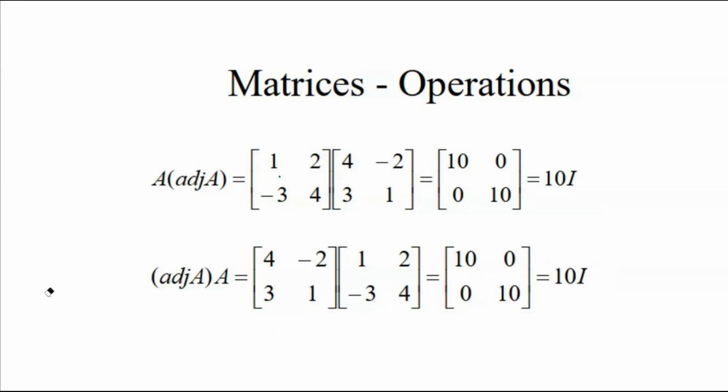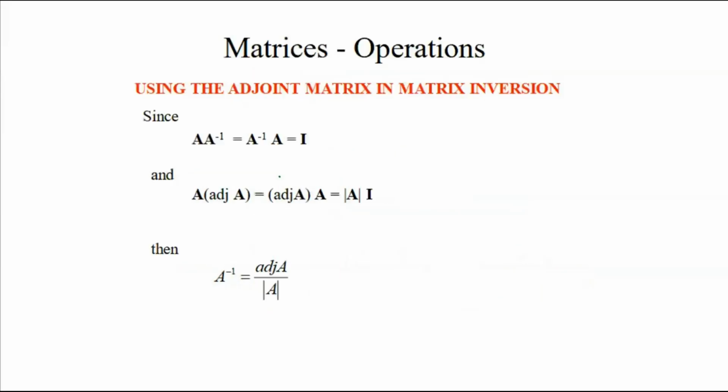That's a good exercise to try: when you take the matrix and its adjoint, see if you get that determinant in front of you. I think I have to try it out, prove it to myself. Right?